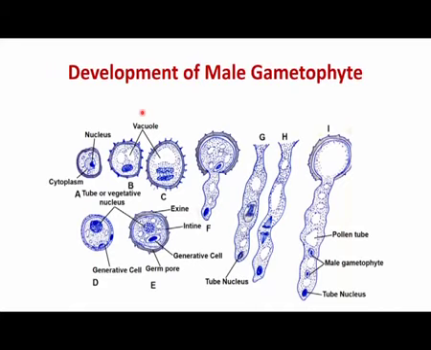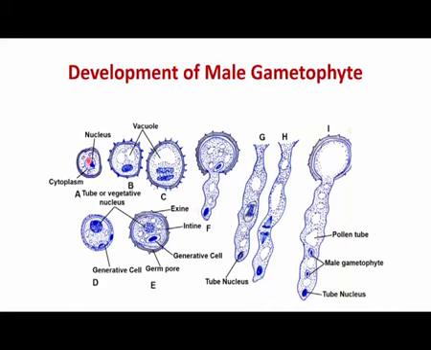The freshly formed microspore has rich cytoplasm. As you can see, this is the microspore, with a very large quantity of cytoplasm and a very prominent nucleus.